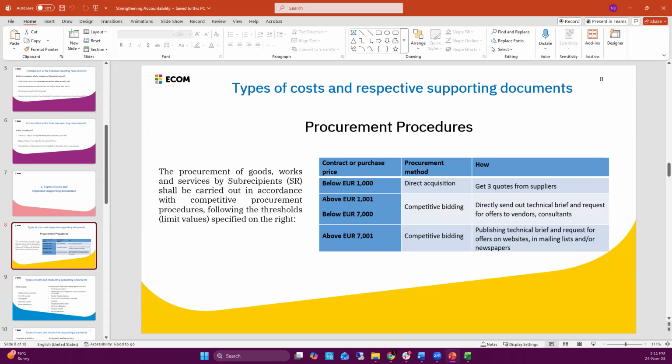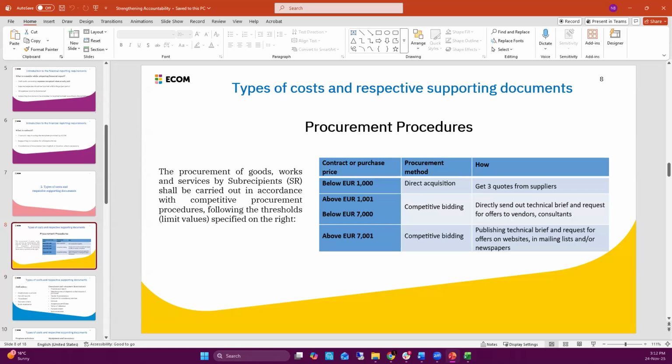A procurement committee could be formed within the organization depending on the specifications of the goods and services needed. Those involved in the procurement process must keep open and competitive practices throughout the process. The procurement process includes the following steps. So normally you identify the need for goods or services. Then you gather the information, like you are searching for a vendor or a consultant who can satisfy your requirements.